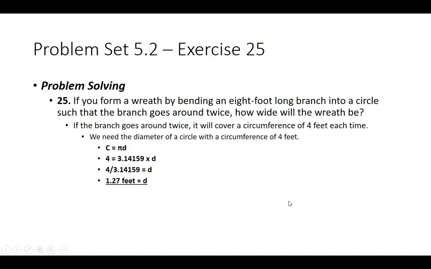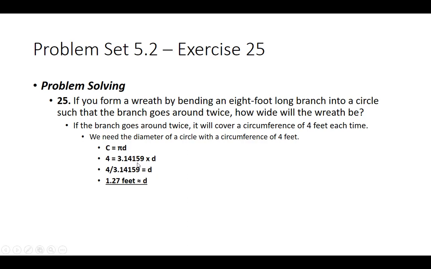So we want to know how wide the wreath will be if it has a circumference of 4 feet. So circumference equals pi times diameter. The circumference is 4. Pi is 3.14159. We don't know the diameter.